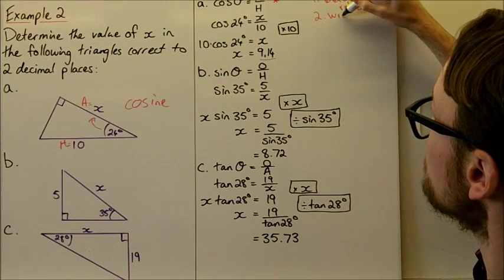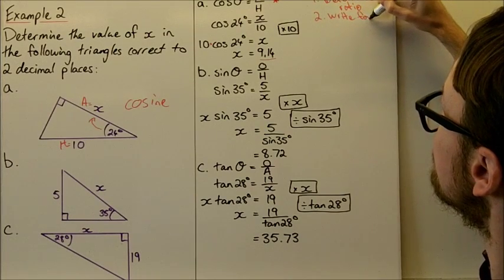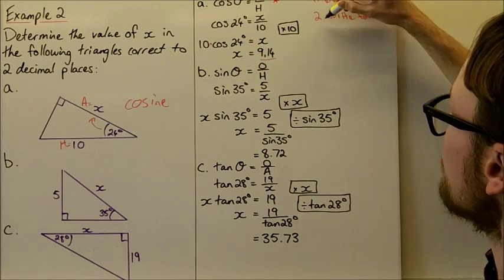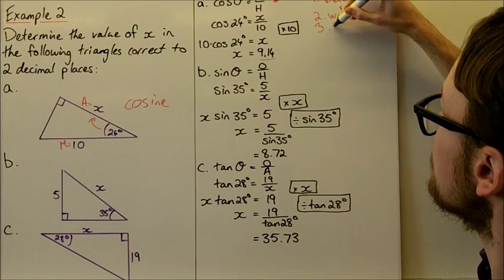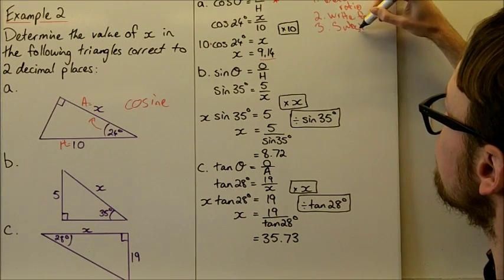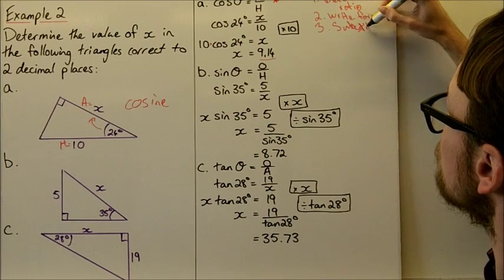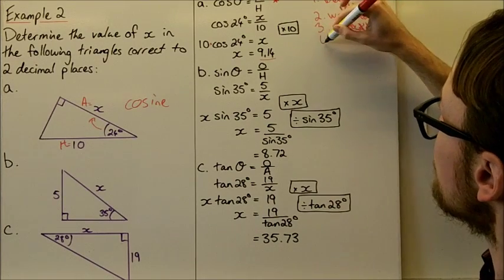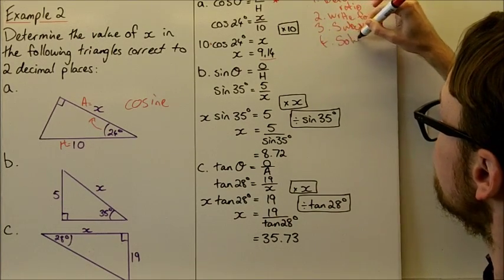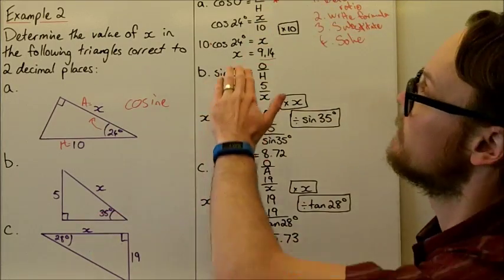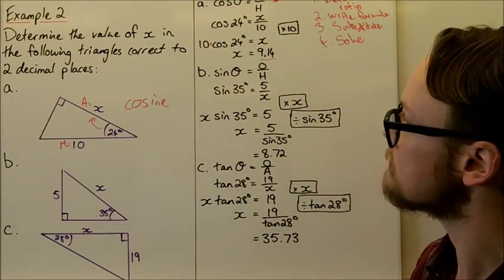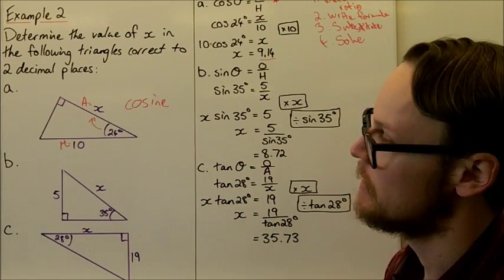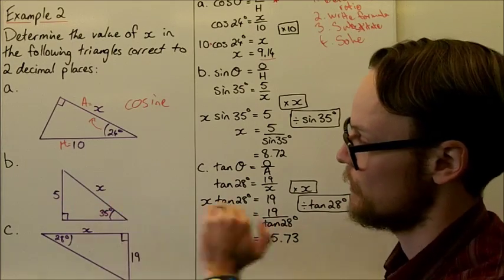Step 2 was to write the formula, that relationship. Step 3, we substituted. And our fourth step, we solved, using algebra. Let's have a look at our next triangle.